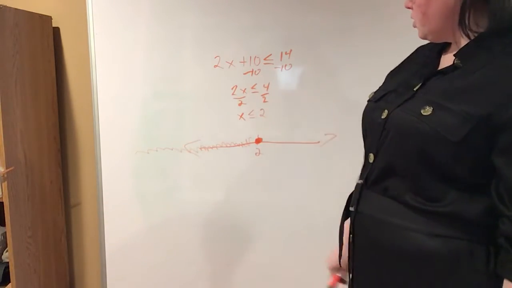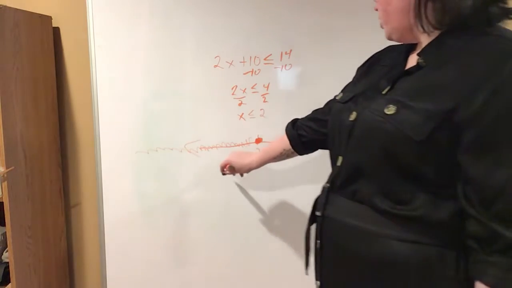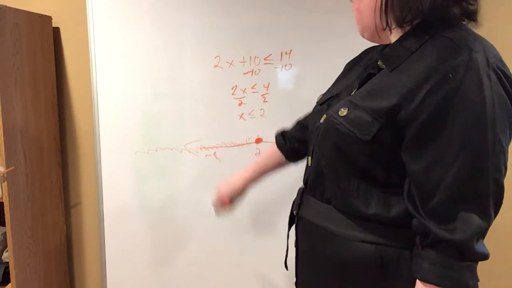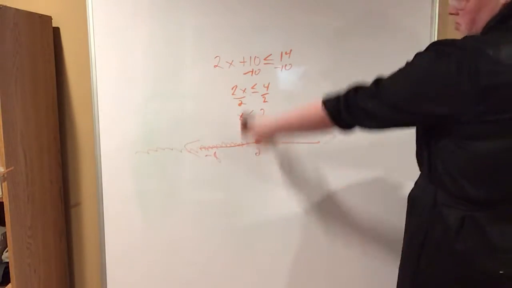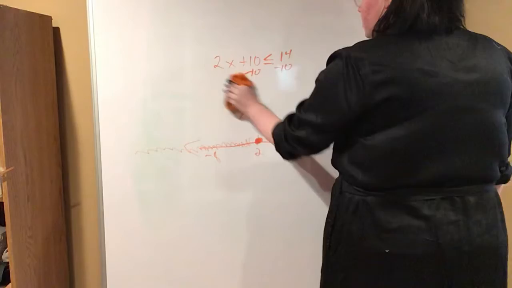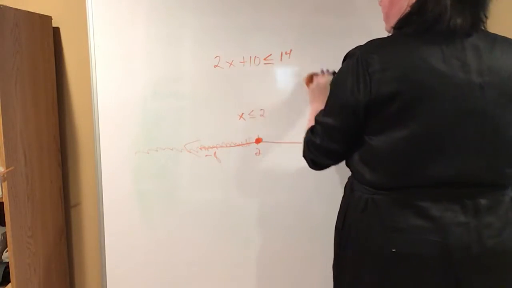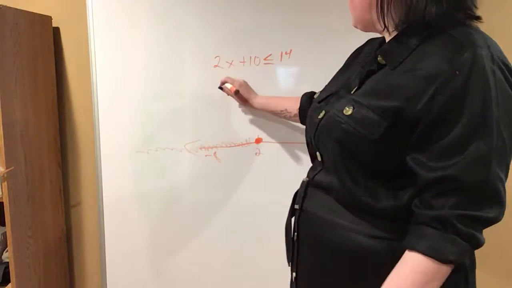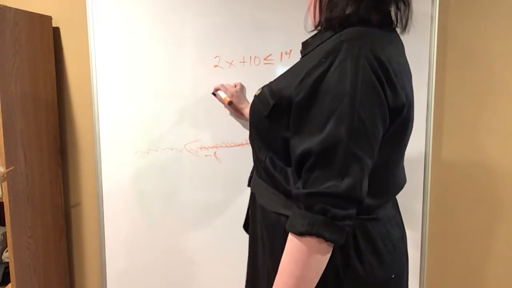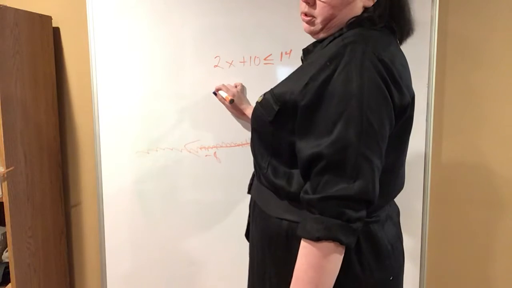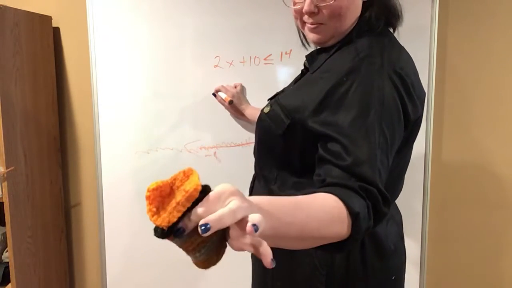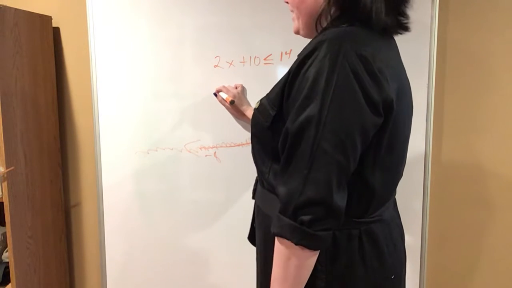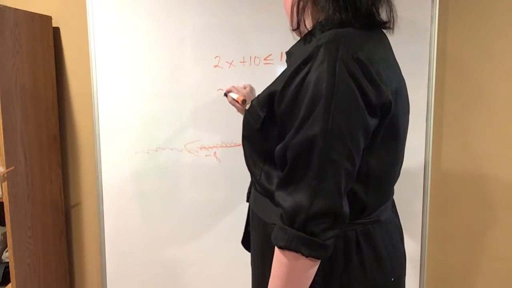So I could choose, well, I want to choose -8. So let's choose -8, and we'll plug it in up here, and we'll see if that is still a true equation. So 2 times -8 is 16, but it's negative.